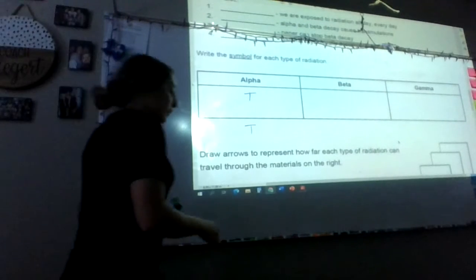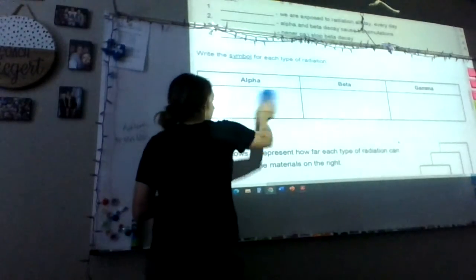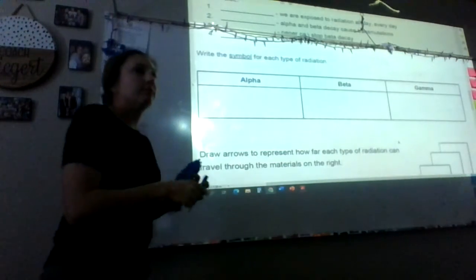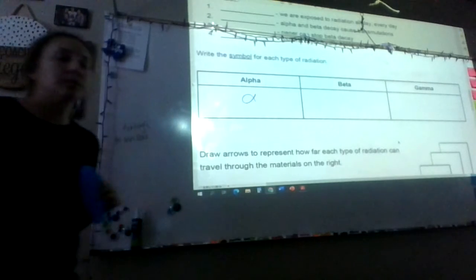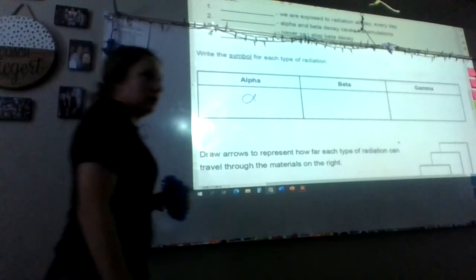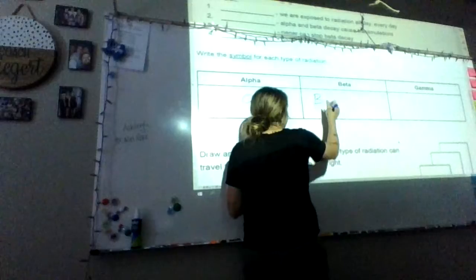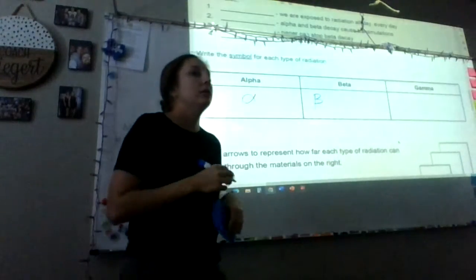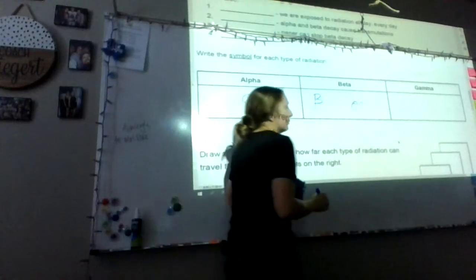All right, symbols for these guys. Anybody remember what alpha looks like? Yep, a weird A. Beta, we're going to put 2 for beta. Okay, so the B has a long tail on it. It can also be an electron.